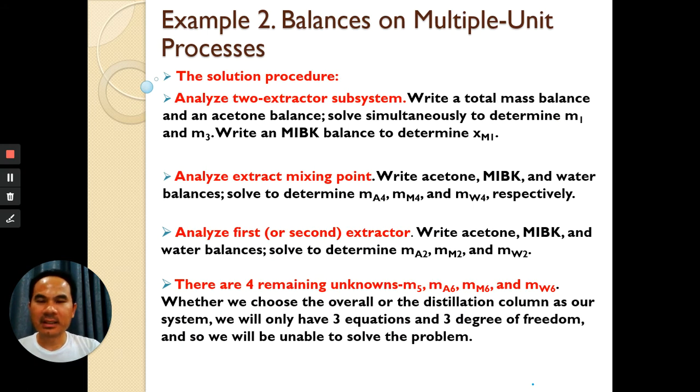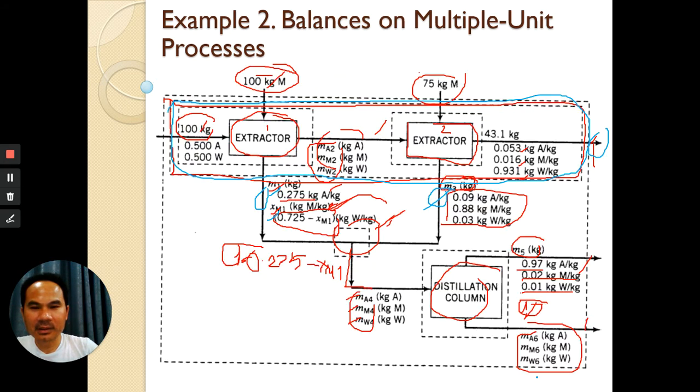The solution, after you check everything, is that the first step is to analyze the 2 extractor subsystem. You can write the total mass balance, acetone balance, water balance, or M balance, and solve. After you know M1, XM1, and M3, you can solve around extractor 1 or the mixing point.